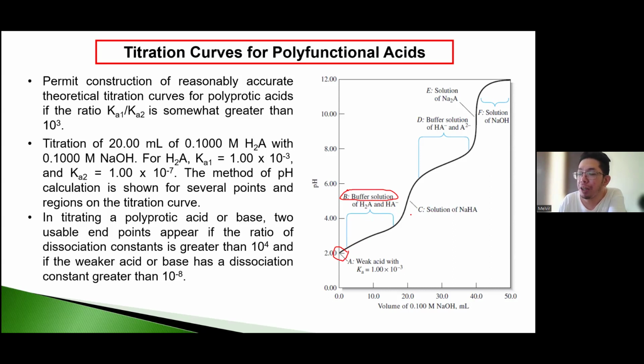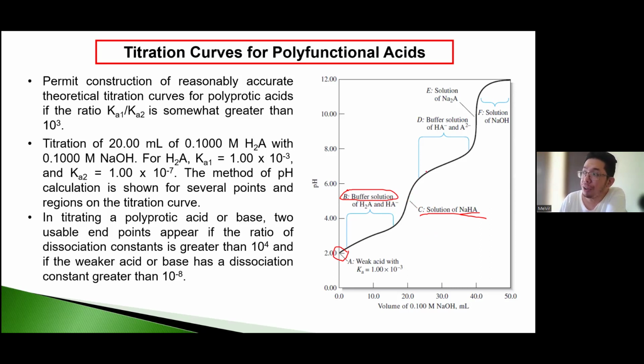And then before that, before the endpoint, the next one will be your first endpoint, wherein you don't have any weak acid anymore. You don't have any weak acid concentration. Instead, you now have your full conjugate base, the HA-. So it is in salt form. So you have a certain method to calculate the pH here.